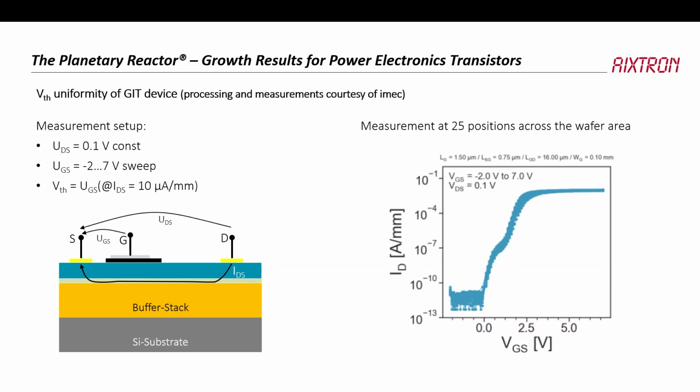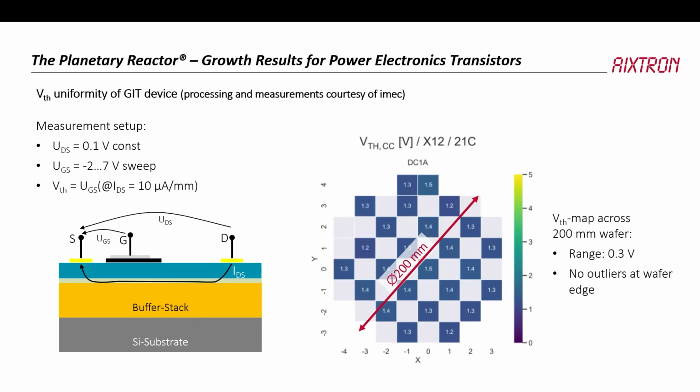And this is the result for all the transistors made on one 200 millimeter wafer. The 10 microamps per millimeter is here, and the threshold voltage is down here. And this will be the delta threshold voltage.